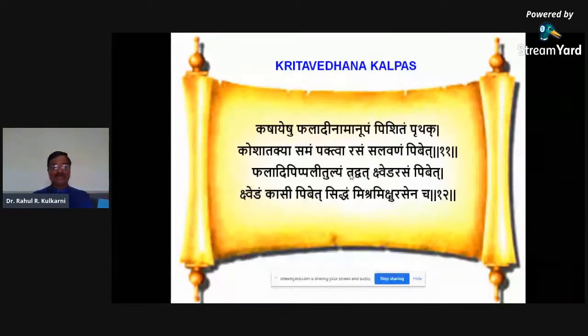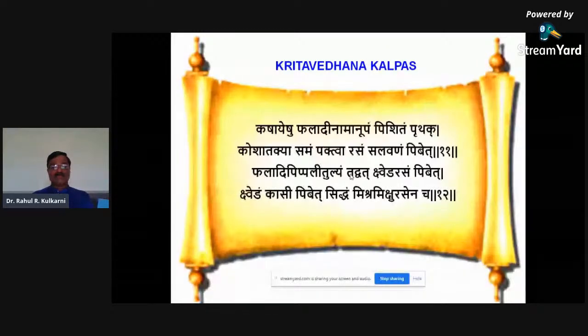Faladi pippali tulyam tadvat shvedarasam pibet. So with an equal quantity of madana phala pippali, the shvedarasa is to be consumed. Similarly, the krutavedana swarasa along with madana phala pippali has to be consumed for vamana purpose.